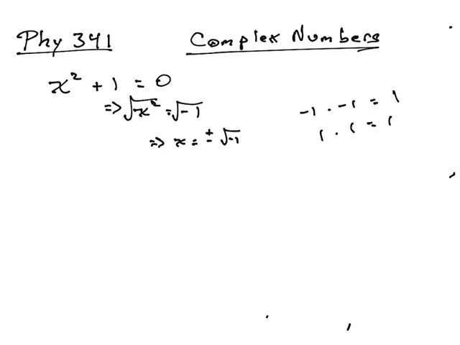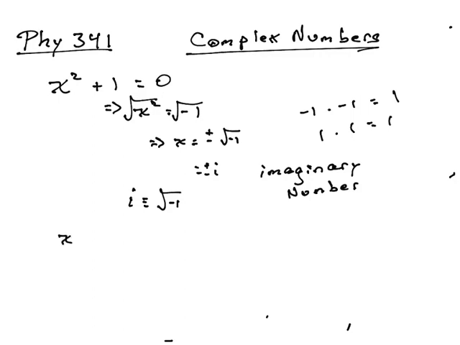And so what they did, they said the answer to this equation is the letter i, or the complex number i. i, of course, stands for imaginary number, just to differentiate it from real numbers. And so they said the answer to this equation, of course, we could have plus or minus i, i being now defined as the square root of negative 1.